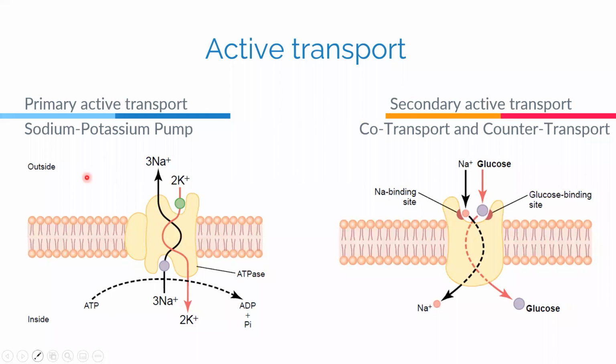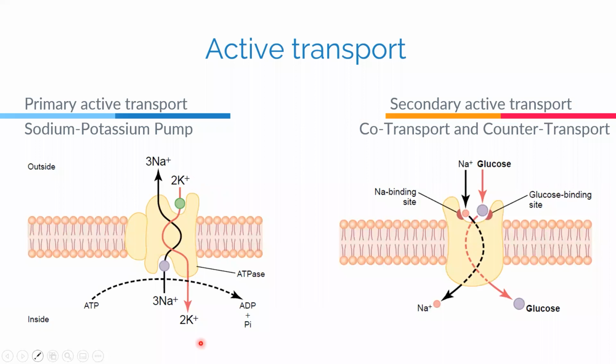For an example of primary active transport, we will look into the sodium potassium pump. The sodium potassium pump utilizes ATP in order to transport three sodium ions out of the cell and allow the entry of two potassium ions into the cell.